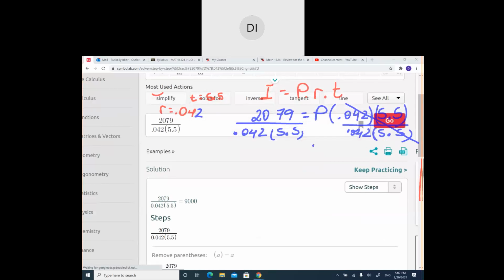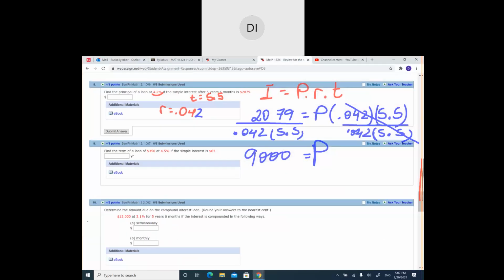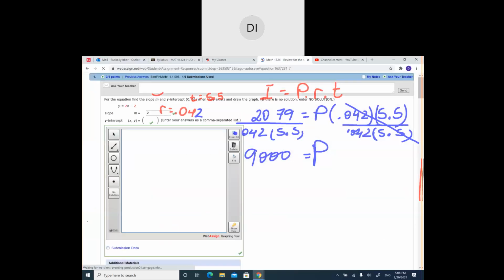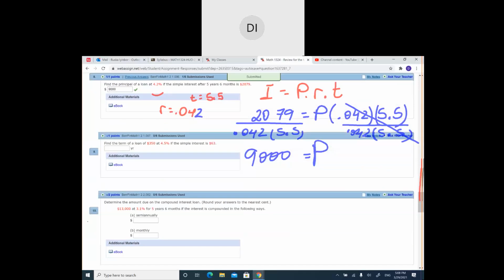So we get P equals 9,000. That's what I'm going to plug in here. So my answer is 9,000. Let's check it out. Okay, 9,000. There you go.